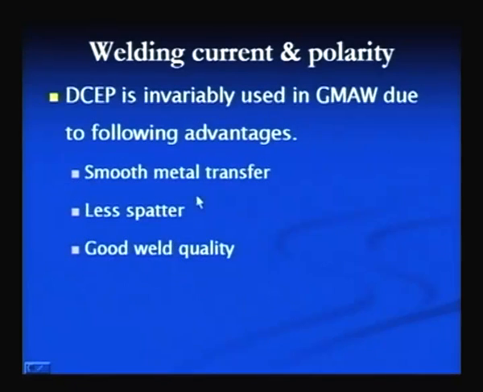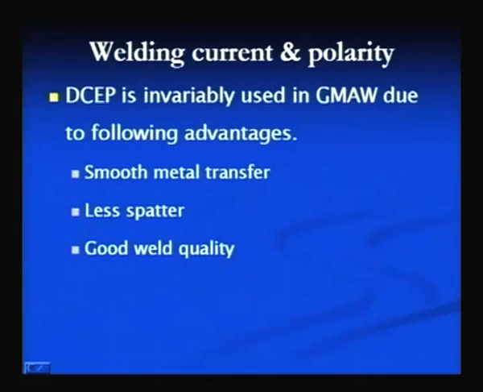And when the DC is used, then we get a number of advantages, but certain disadvantages can be there, because here there may be arc blow kind of adverse effects. But when DC is used, we can use either DC electrode positive polarity or electrode negative polarity.